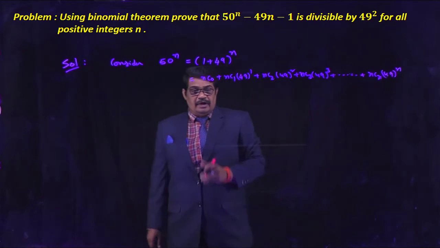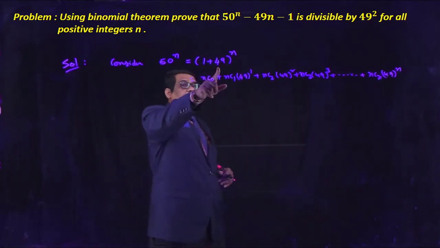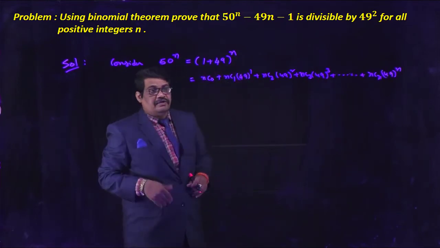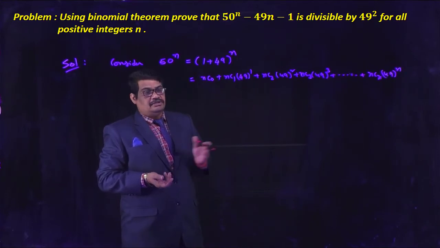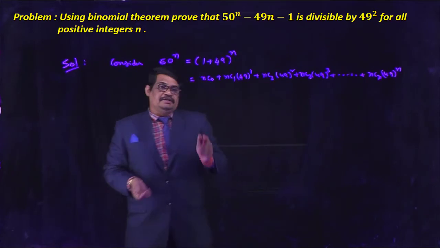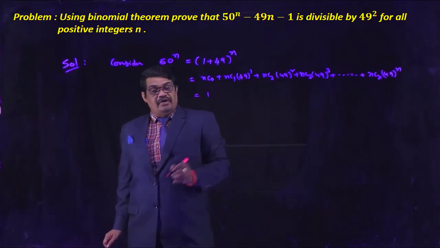Now using the binomial theorem, we are expanding this (1 plus 49) whole to the power of n. Now we write the values. What is nC0? Its value is 1.